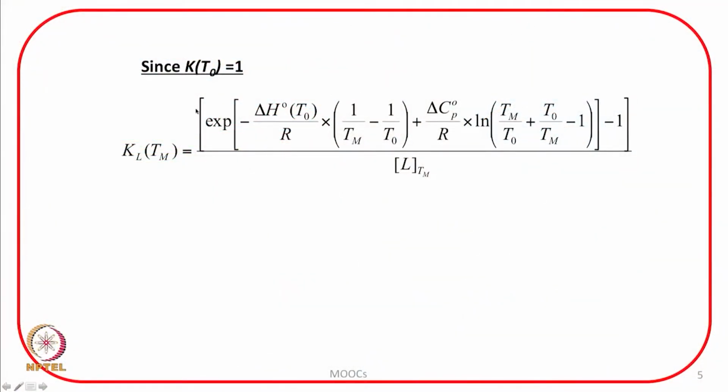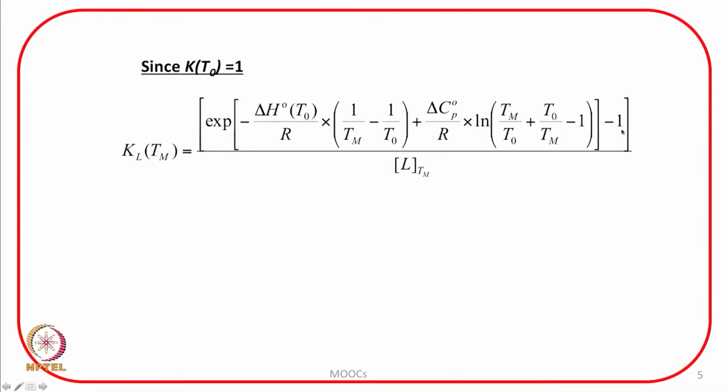So, what is observed is that if the binding is very, very strong, then let us take a look at this slide. This entire quantity within this bracket is much higher than 1.